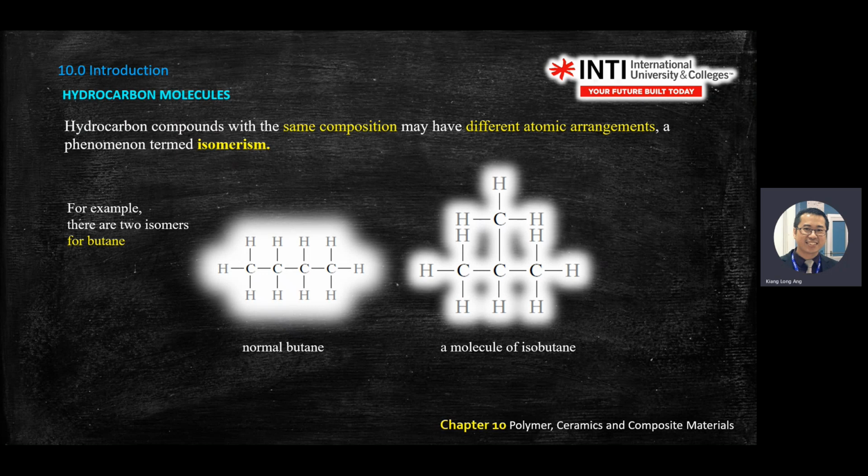You can see normal butane has 4 C surrounded by H. If you count the carbon and H, it's still the same. But because of the different arrangement, we give it another name. For example, the one on the right here is isobutane. Same number of carbon, but different arrangement. This phenomenon is called isomerism, right?